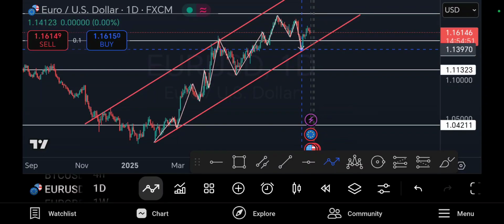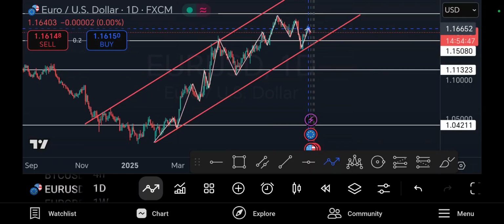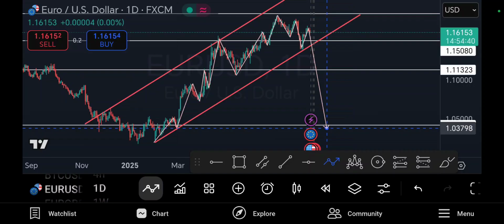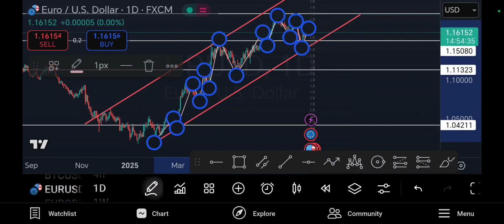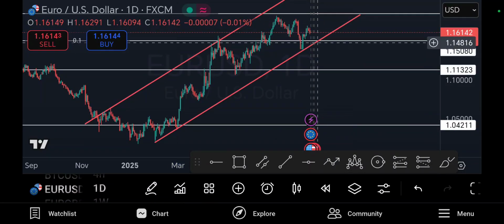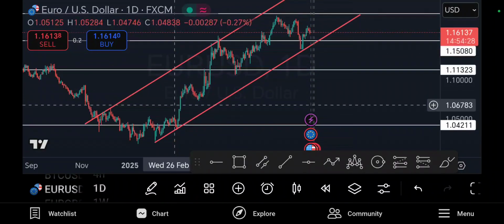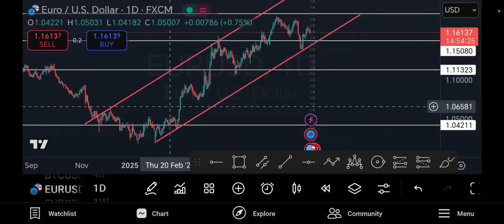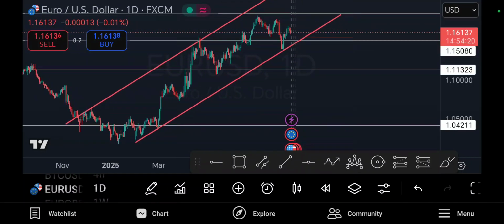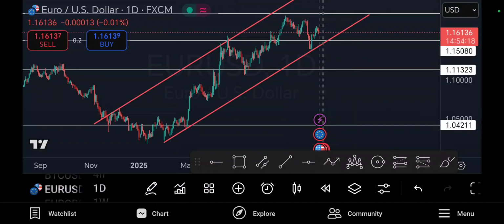And then it gave us this neckline here. So now it's retesting. That's the overall move, right? But also we should be careful because it hasn't broken out of this trend yet, so we can't rush it as of yet. We can just let it play out and see what we have.